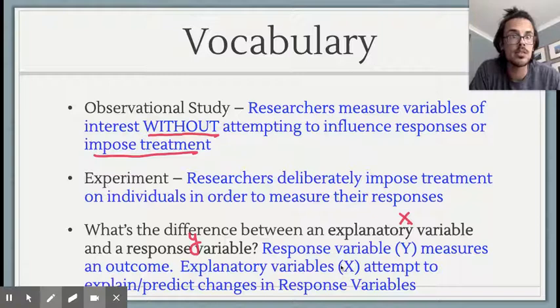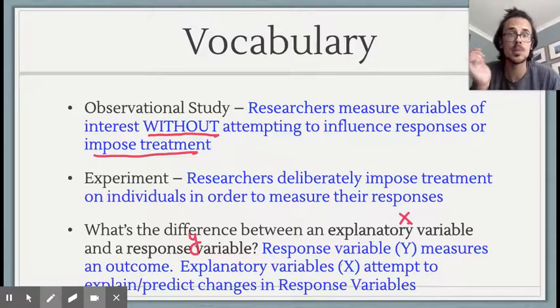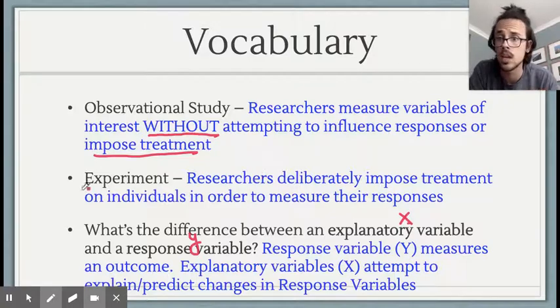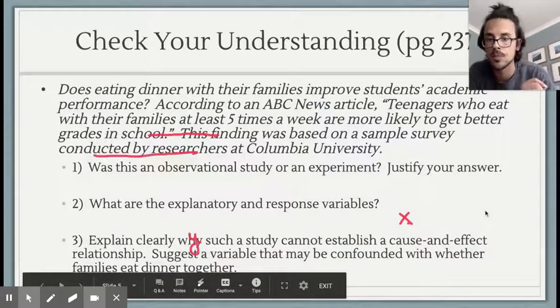Explanatory variables are things that seek to explain why you're seeing the response that you are. So it's trying to explain why the rate of ADHD was higher. Exercise, smoking, et cetera, are all examples of explanatory variables in that context. So being able to use that vocab of experiments, explanatory and response variable is pretty important.